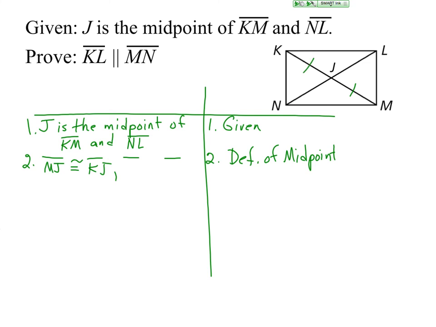I don't know if I wrote it wrong or if he said it wrong. So what's the other one? NJ congruent to JL or LJ. So two markings there, two markings there. Did you say it right? I meant to say M. I might have just written it wrong.